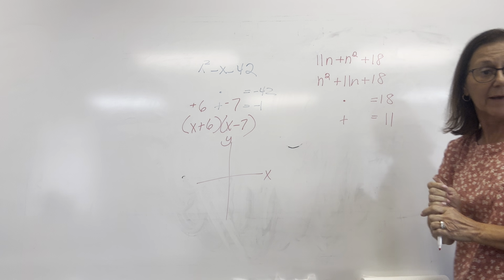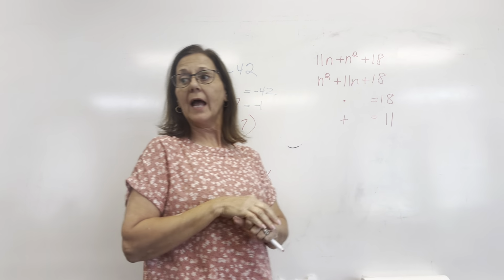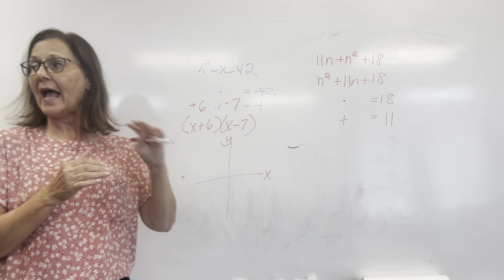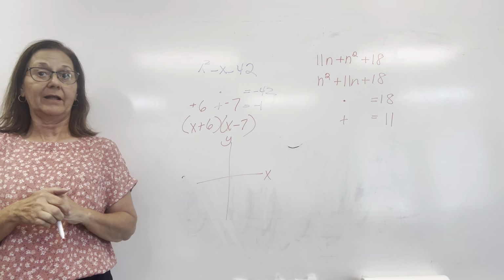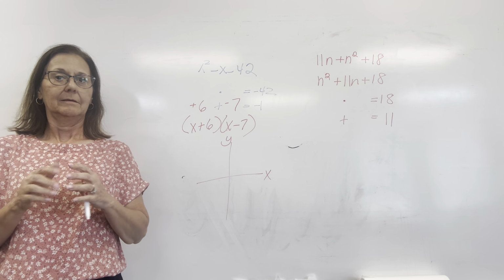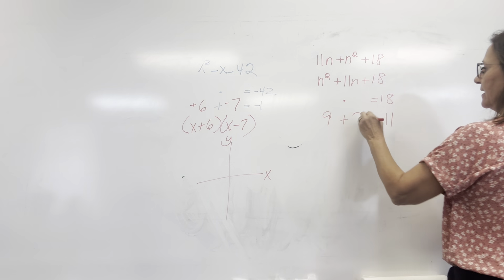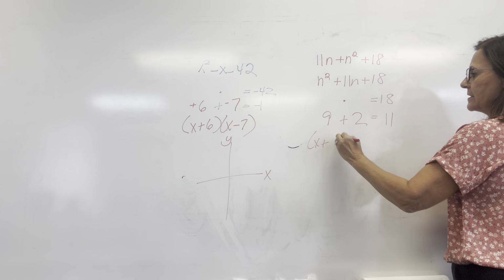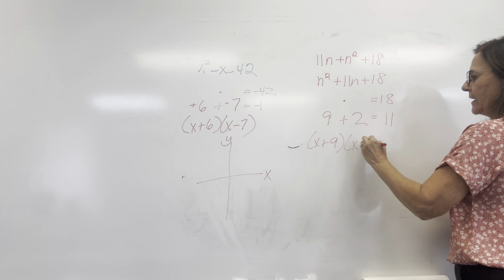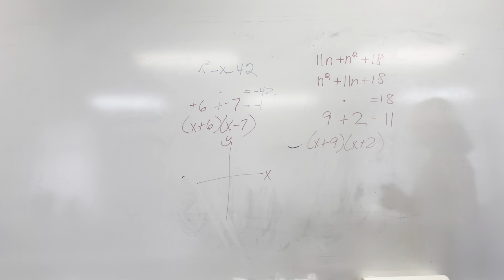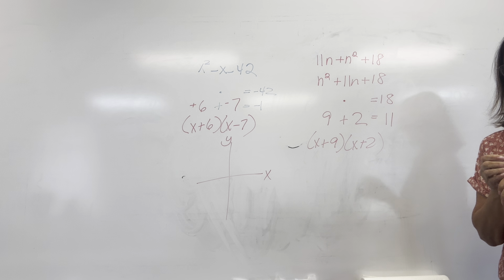There we go. That b value. What multiplied equals 18, but added equals 11. 9 and 2. So my factors are x plus 9 times x plus 2. Got it?